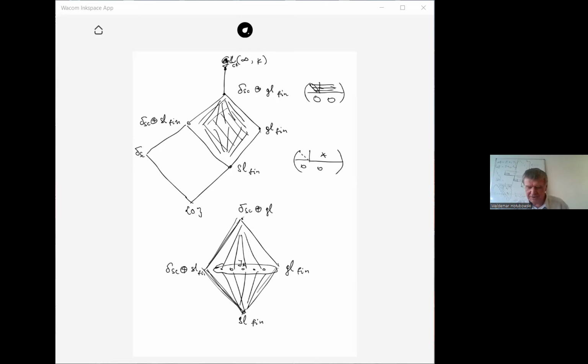And now, what can we say about extension of this result? This was done for the countable case, when we have a vector space of countable dimensionality. We can look at such column-finite matrices and look at such a Lie algebra. In fact, to describe these ideals JK, we used a generator of this Lie algebra over SL fin and a generator of this Lie algebra over the special linear algebra.